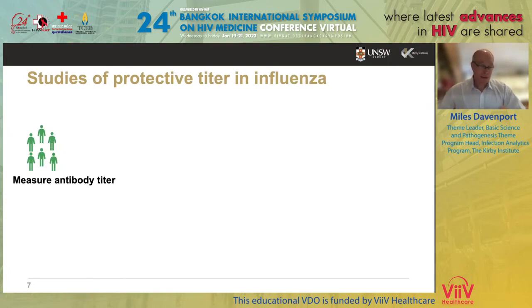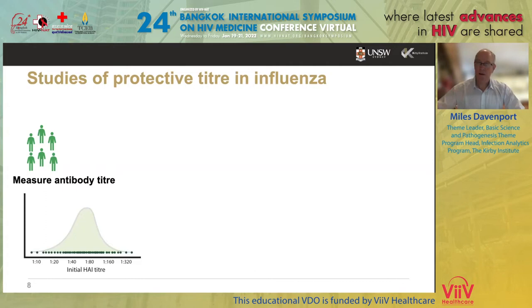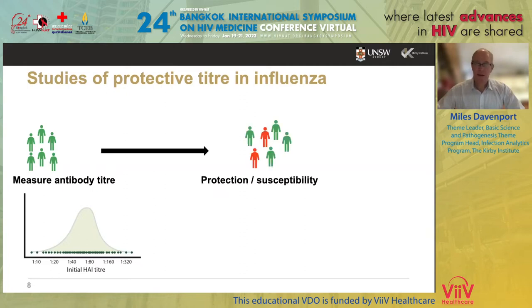Many studies over a number of years have measured antibody titers in a cohort of individuals, where usually there's a distribution in hemagglutination inhibition titers. Then the cohort is followed over time after exposure to infection.